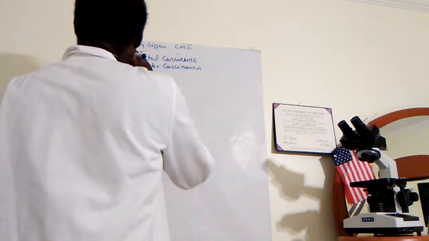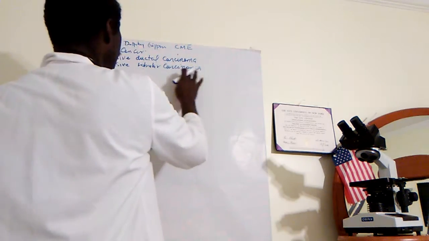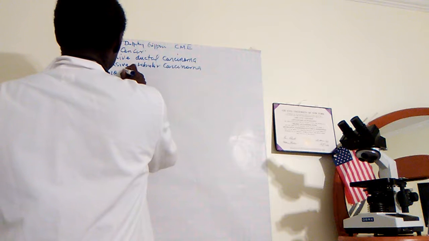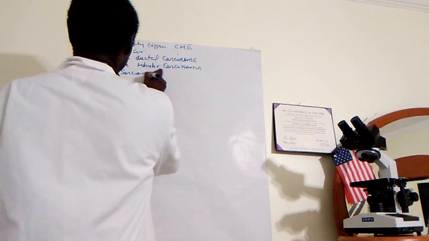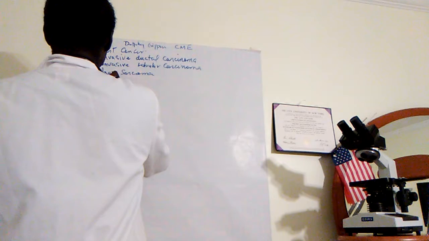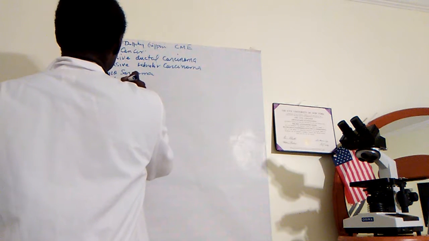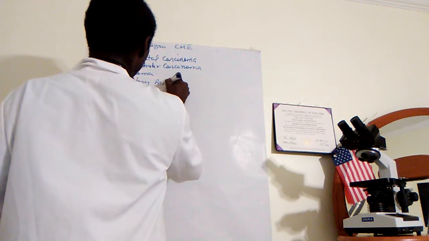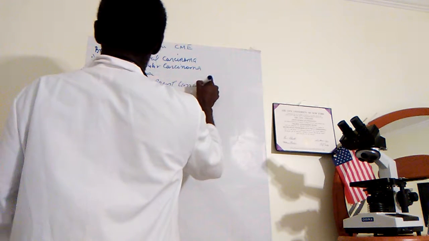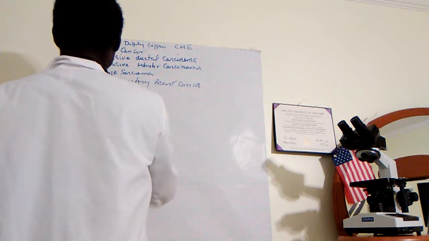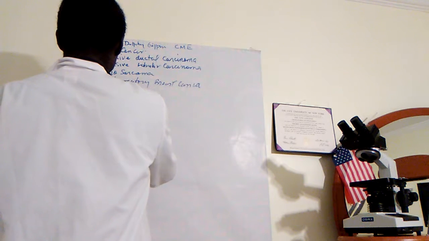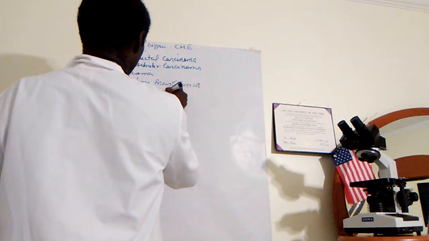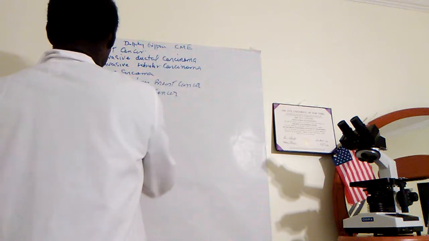So what we have here: 1, invasive ductal carcinoma, 2, invasive lobular carcinoma, 3, we have now angiosarcoma, 4, we have inflammatory breast cancer, 5, we have now Paget disease, Paget breast cancer. We have recurrent breast cancer.